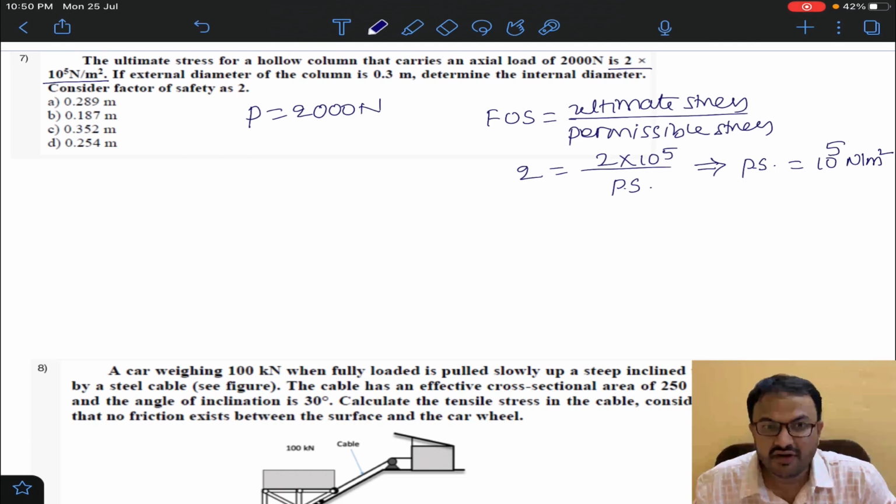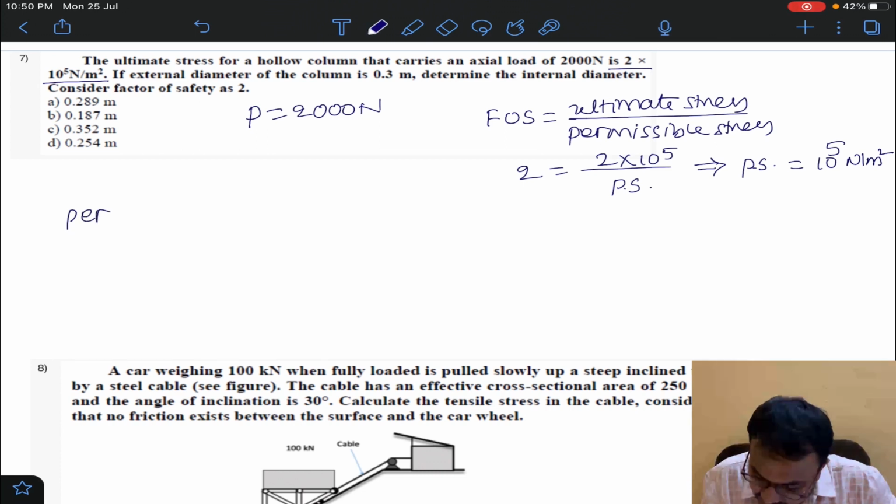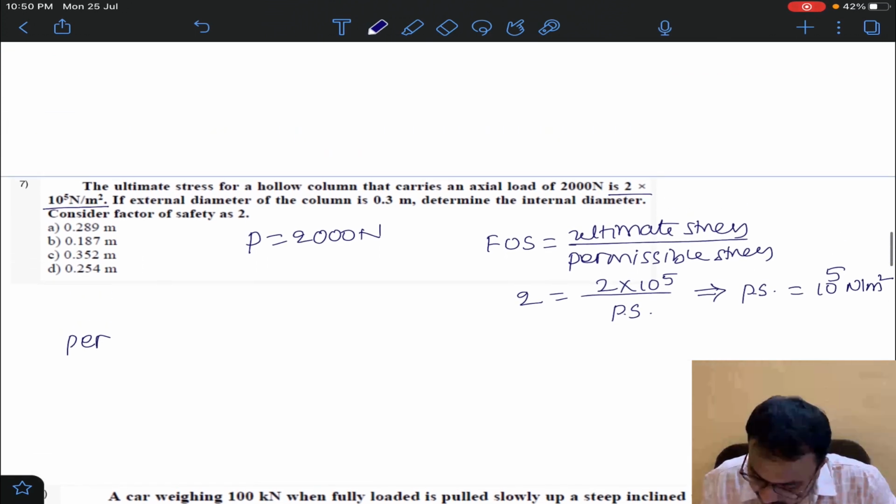Okay. Now permissible stress is equal to, obviously, the actual load divided by the area of the cross section. So what is the load he has given? It carries an axial load.